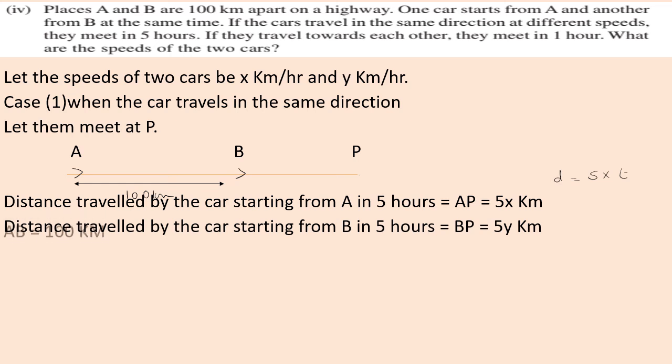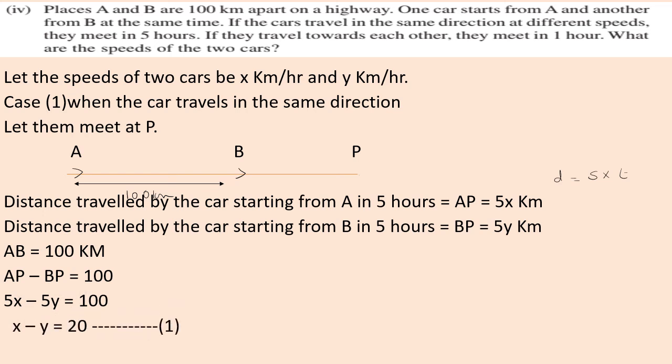Now it is already given that the distance between the places, AB, equals 100 kilometers. From AP and BP, you get AP minus BP equals 100, that is 5x minus 5y equals 100. By taking the common factor and cancelling, you get x minus y equals 20.